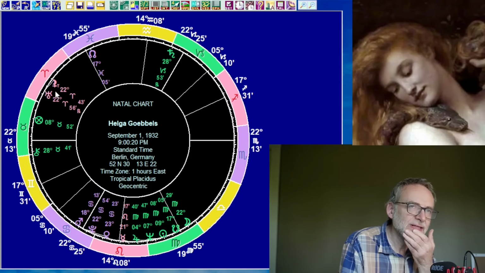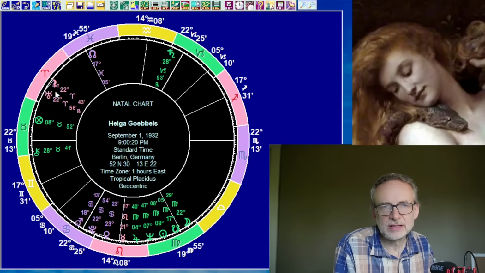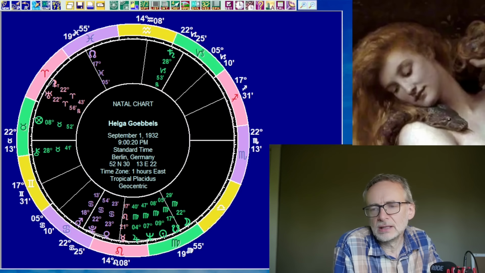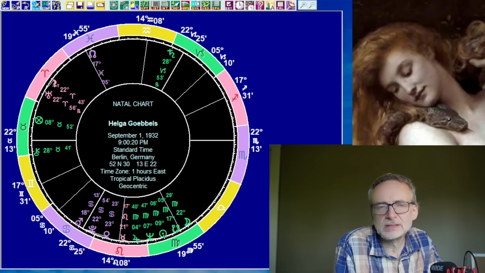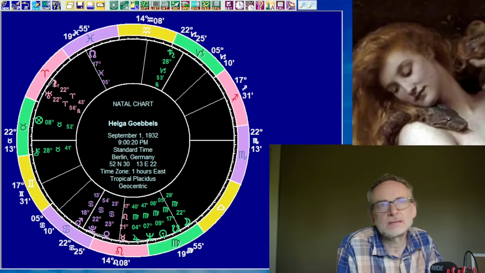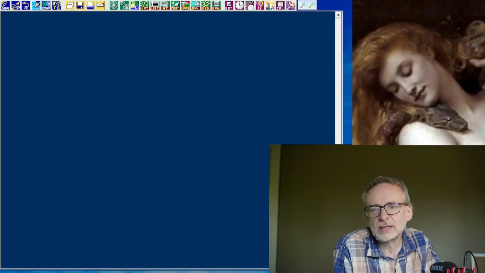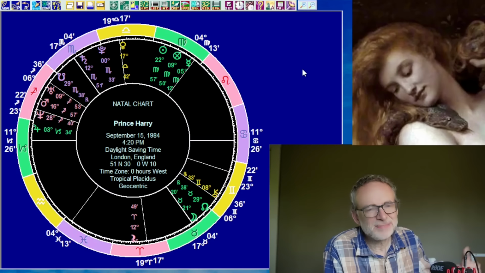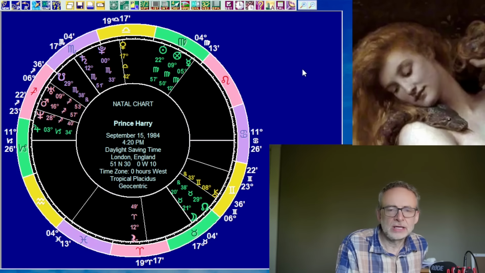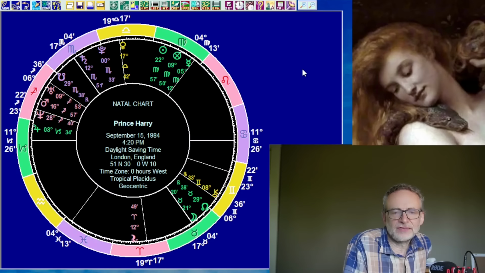I also wondered whether Prince Harry would have anything in terms of Lilith. I mean, it's always possible. I suppose his mother died at night, maybe. So I thought I'd have a quick look at Harry's chart. It's nothing particularly spectacular, but the only thing I would point out with Harry is that Harry's Lilith is at 12 degrees 49 Aries, which is exactly square his ascendant.